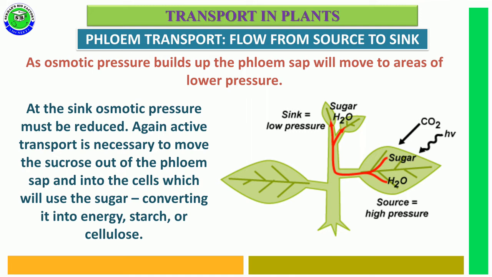So again active transport is needed to move sucrose from phloem sap to outside, into the adjacent cells, and by utilizing ATP energy, the removed sucrose at the sink is converted into either energy, starch or cellulose, but it never comes back into phloem sap at the sink, to maintain low pressure.